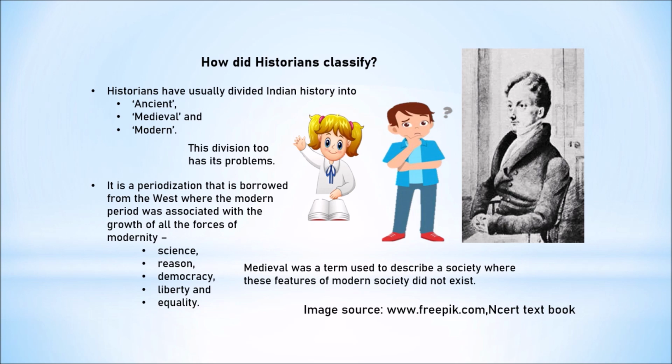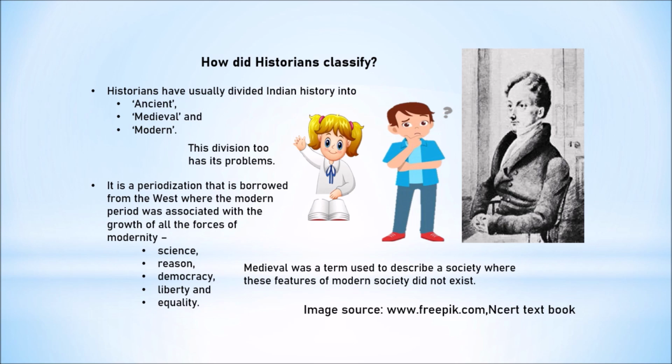My point is, we divided history into ancient, medieval and modern based on Western philosophies, because there the forces of modernity like science, reason, democracy, liberty and equality have shown their paths to lead towards modernity.